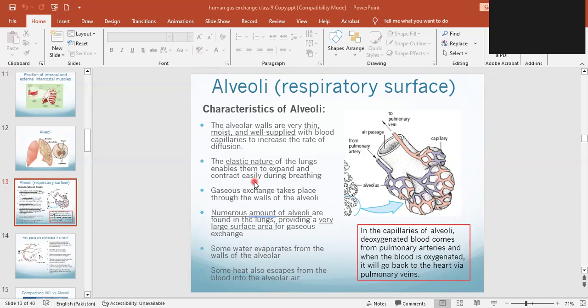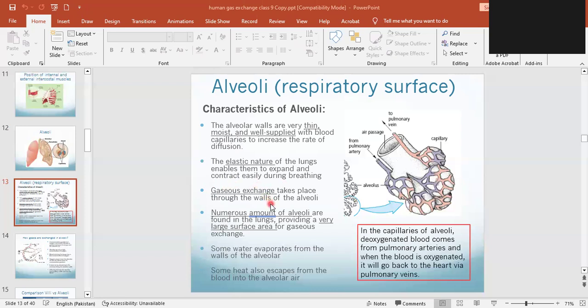So it expands and inflates, then deflates, just like a balloon. So it makes it elastic. Why should it be elastic? So the lungs are enabled to expand and contract easily during breathing. That's why they should be elastic.